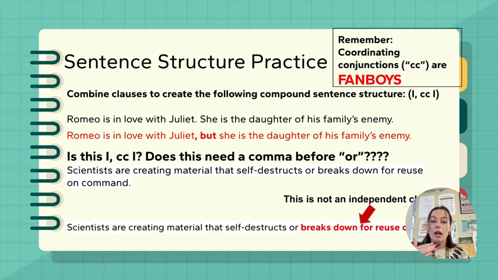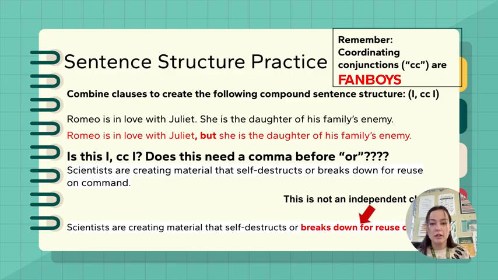So fanboys, right? They require commas in front when we're making these compound sentences, but it's also important to know that not every single time that you see a word that is a fanboy will you have to have that comma, right? So if we're looking at this next thing, it's asking, does this need a comma before or?